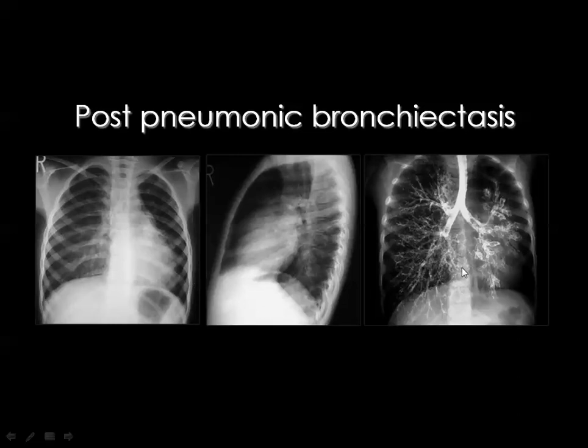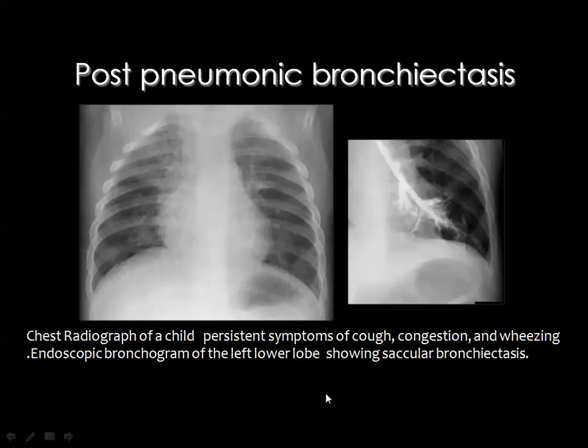By bronchography, you see that most of the right lung is good, but the left lung has some bronchiectatic changes throughout the main and the subsegmental bronchi. Sometimes the bronchography is performed via the endoscope, so you can select only the bronchus which is suspected to be diseased and inject a little amount of contrast media to confirm the diagnosis.